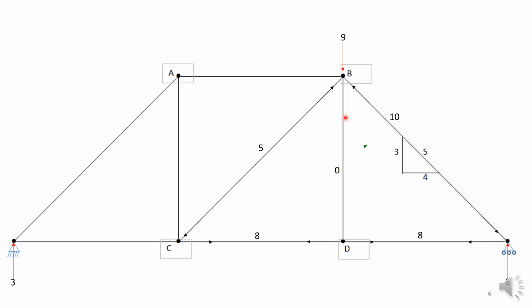So since you have a 9 and a 6 opposing it, you need another 3 vertical. So you need a compressive force of 5 units in this member BC in order to give you a vertical component of 3, which together with this vertical component from 6 here balances the 9.